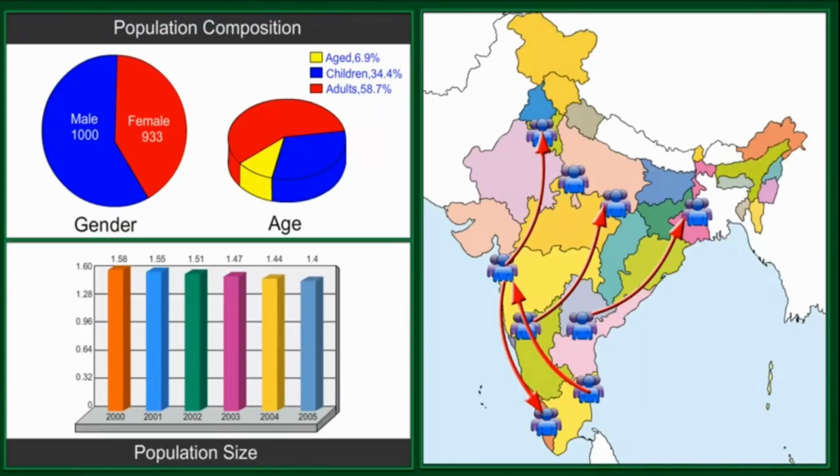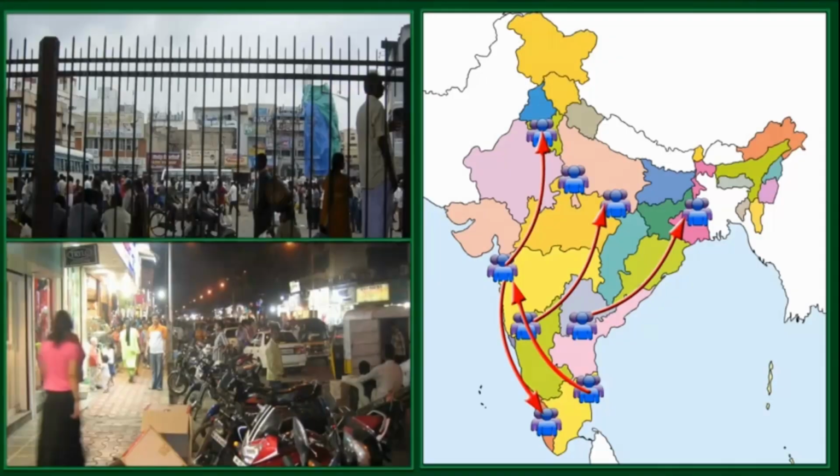It changes not only the population size, but also the population composition of urban and rural areas in terms of age and sex. In India, the rural to urban migration has resulted in a steady increase in the percentage of population in cities and towns.